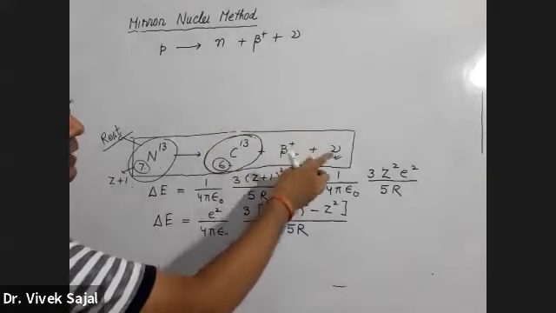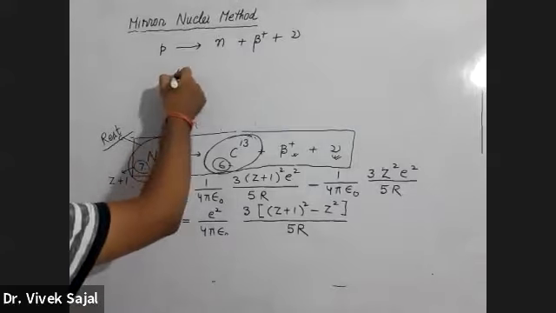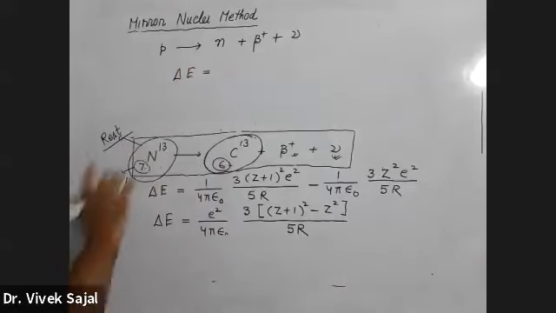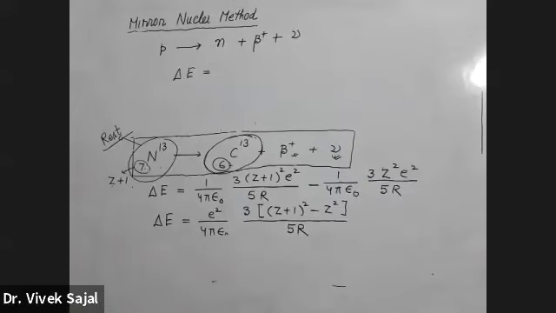99.99% or even more of the kinetic energy will be carried by the positron and neutrino, because their mass is very, very less. So this delta E will be equal to how much? Here the proton is converted into a neutron, and the mass of the neutron is a little higher than the mass of the proton.